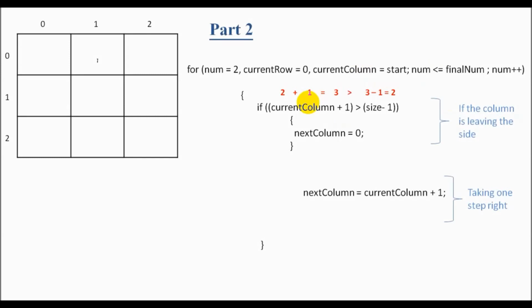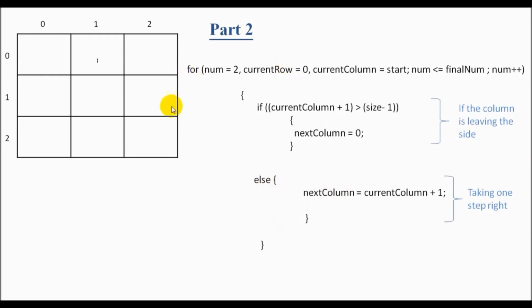So we will assign 0 to our next column variable. That means if we are taking one step right from here, then our next column is going to be 0, so that means our next column is going to be here. If this condition gets true, our program is going to execute this code, and otherwise our program is going to execute this code. So we just insert this code in the else section.